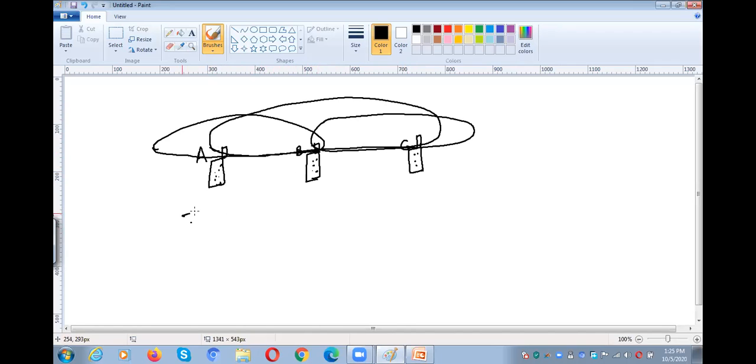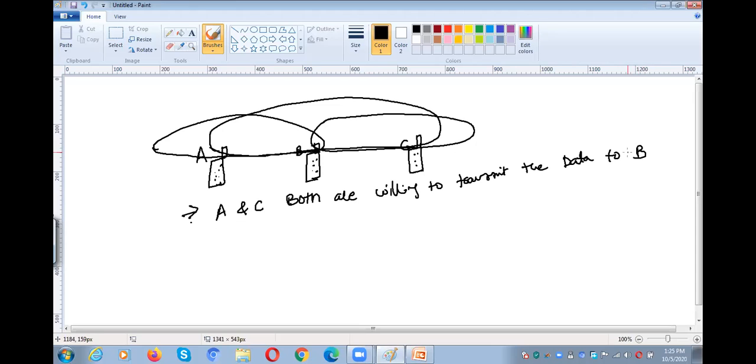So now at one point, A and C both are willing to transmit the data to B. What is the problem here?